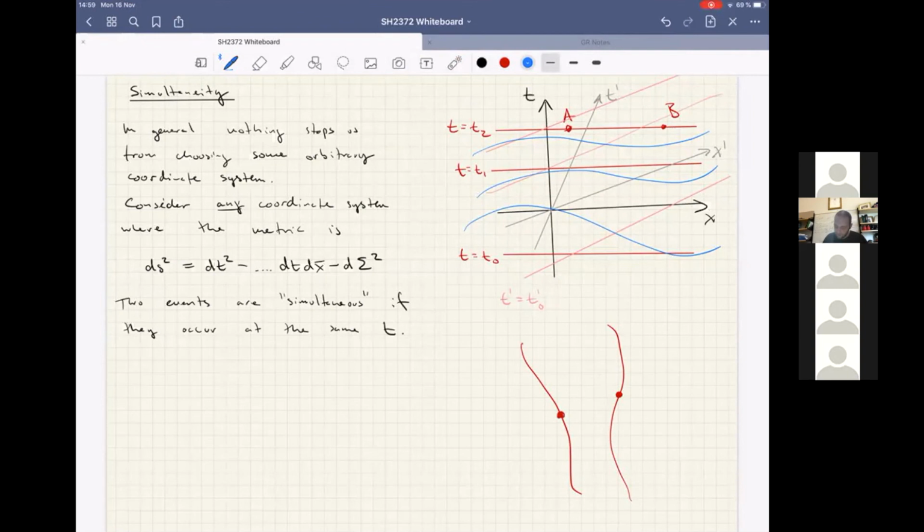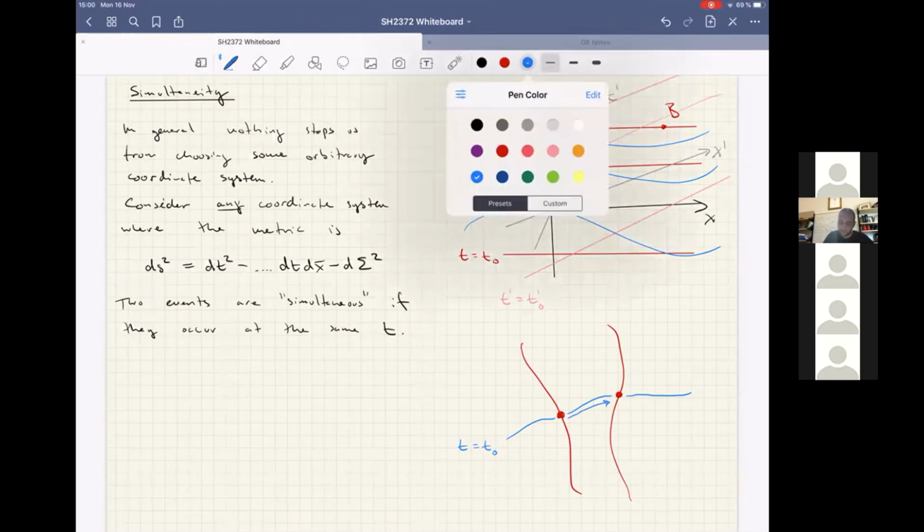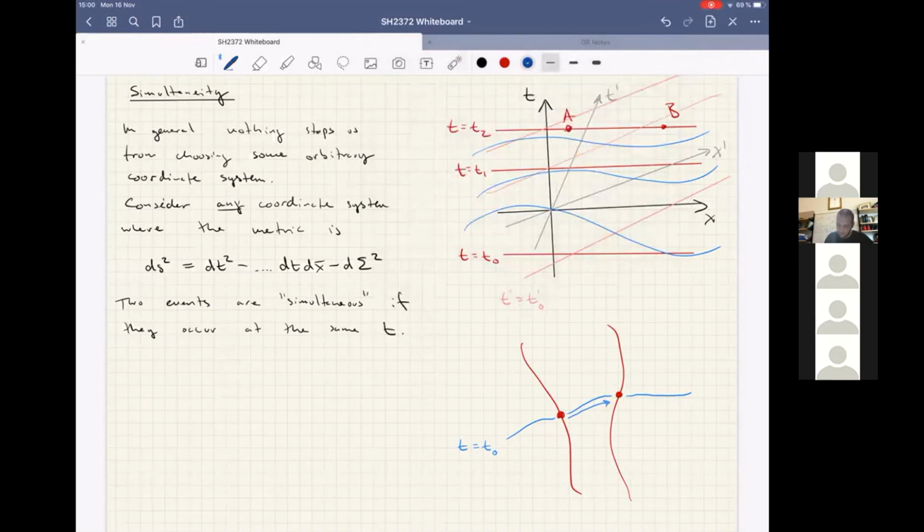However, if you have a simultaneity and you say that those two events are simultaneous, so this would correspond to t equals t0, for example, I could define the distance between those two events as the spatial length along this simultaneity between the two events. However, that is still not very well defined, because there could exist a different simultaneity which might look something like this.